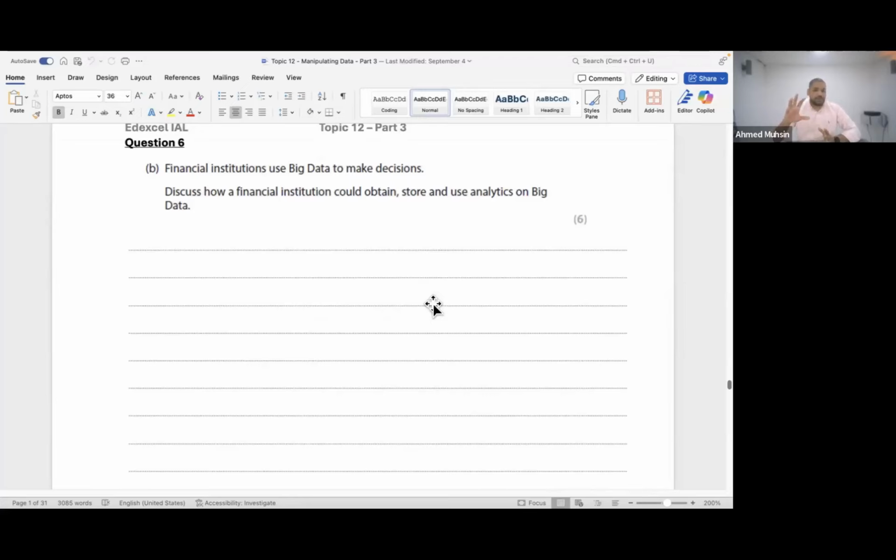Whenever a bank or any organization makes a decision, big organizations, they make it based on data, based on what has been happening. That's how they make decisions. Discuss how a financial institution could obtain, store, and use analytics on big data. So they have broken the question into 3 parts for you, and they're giving you 6 marks. So if you can describe each part, you would achieve your 6 marks.